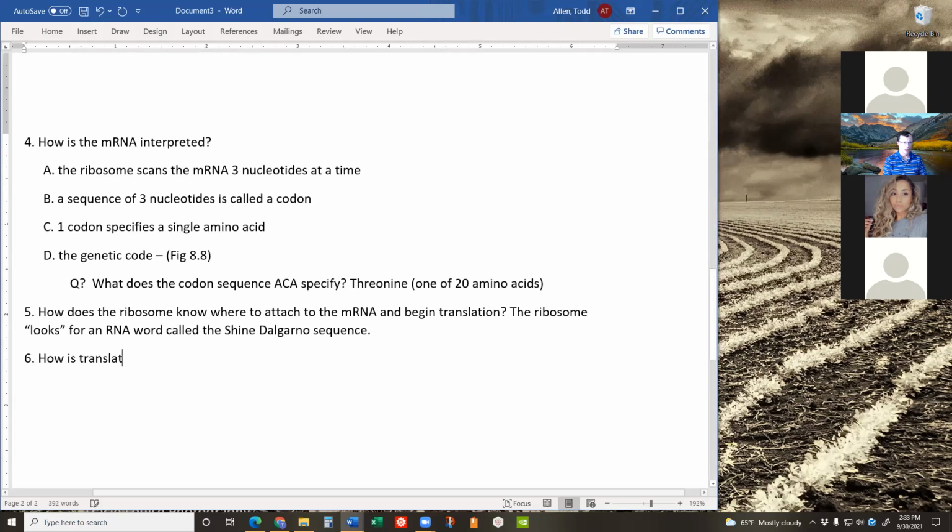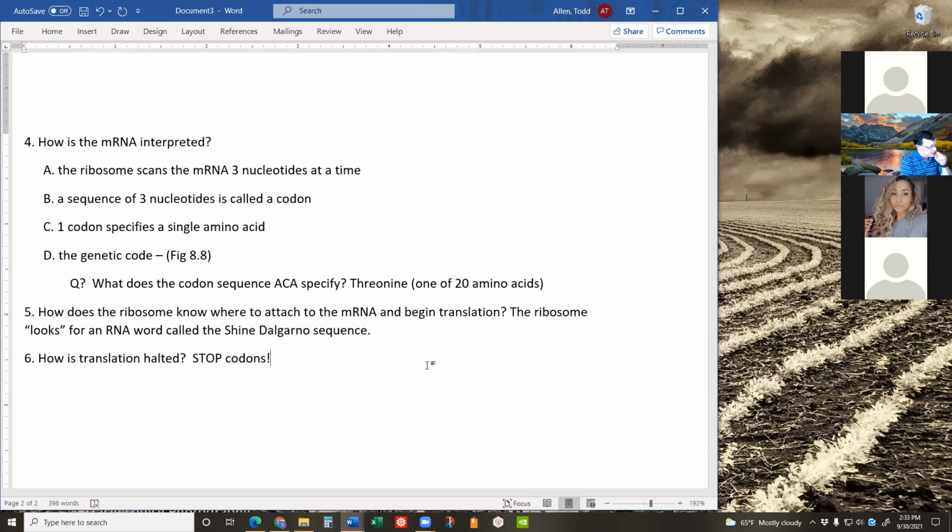How is translation halted? How does it stop? Well, I think you probably all know this. I bet at some moment in your history, you've had to study some of this. And you know that there are these things called stop codons. Stop codons tell the ribosome to stop.